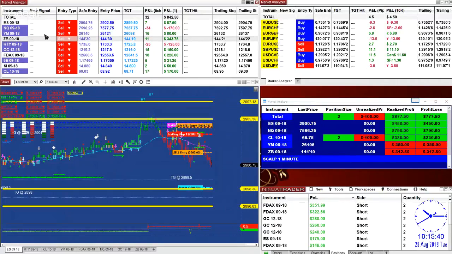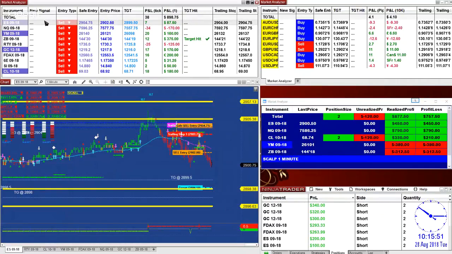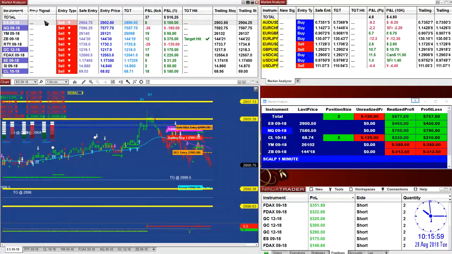The signals are based on math and signal on a higher time frame. If you look at the 30-year Treasury bond, it is going in the same direction as the ES. That means either the ES is going in the wrong direction or the bonds are going in the wrong direction, because those should be working opposite of each other.